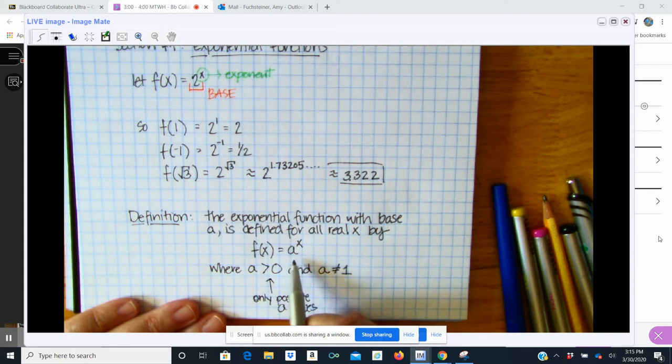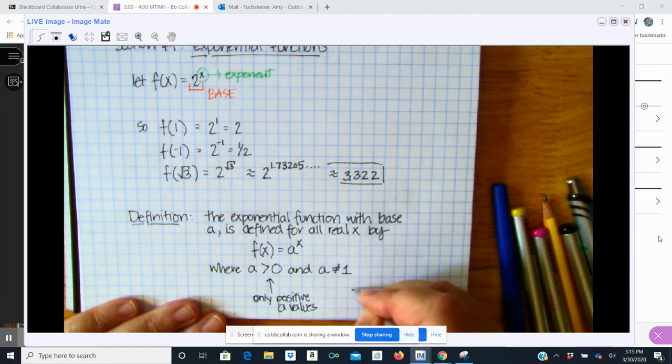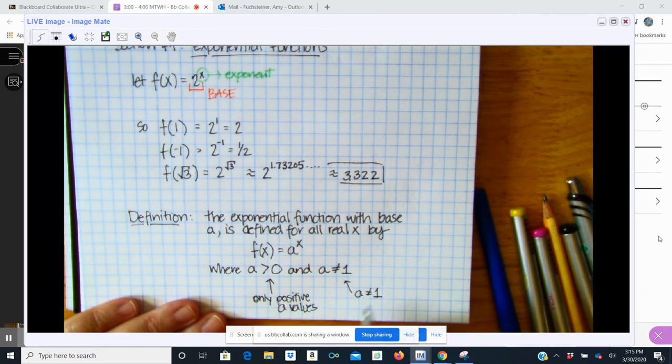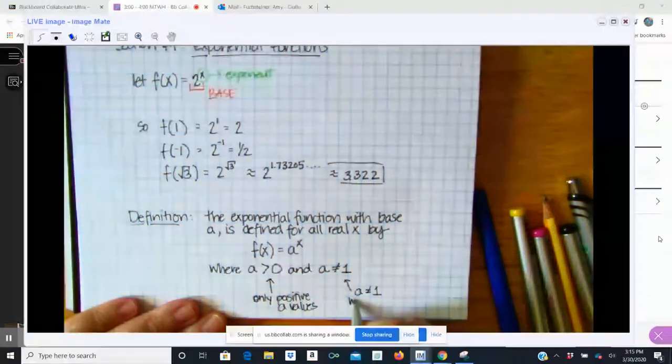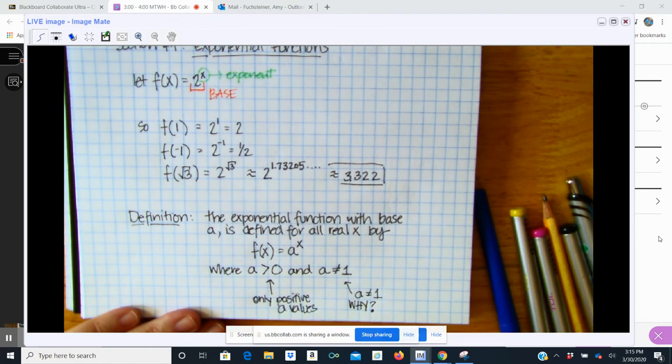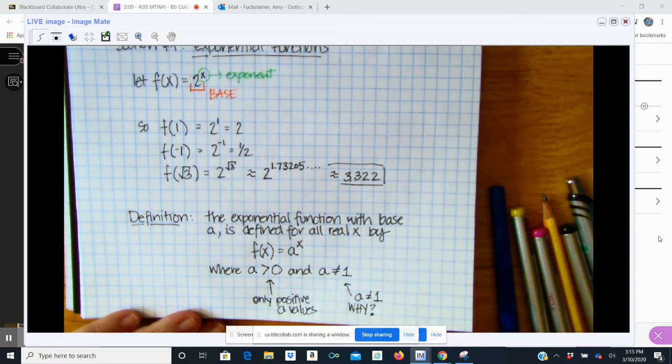All a's are going to be greater than 0. And a cannot equal 1. Why? Because 1 to the first power is just 1.